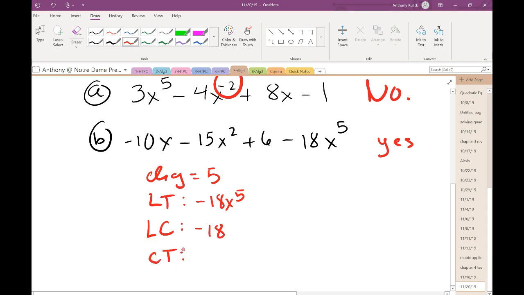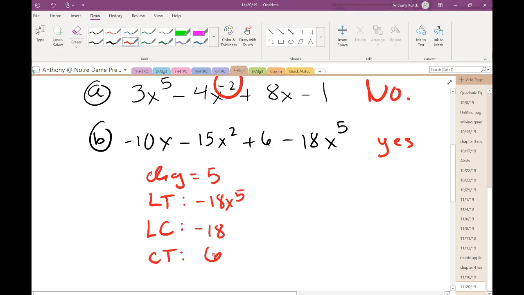What's the constant term? It's not 18. It's 6.